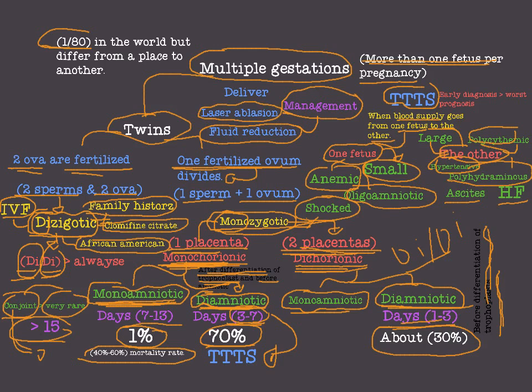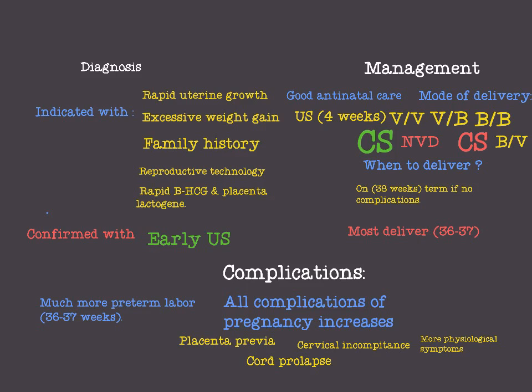In laser ablation, actually, we ablate the vessels that supply the large baby, and by this we prevent the complications of twin transfusion syndrome from occurring. Okay, and in very severe cases we have to deliver the babies. Okay, this is twin transfusion syndrome.